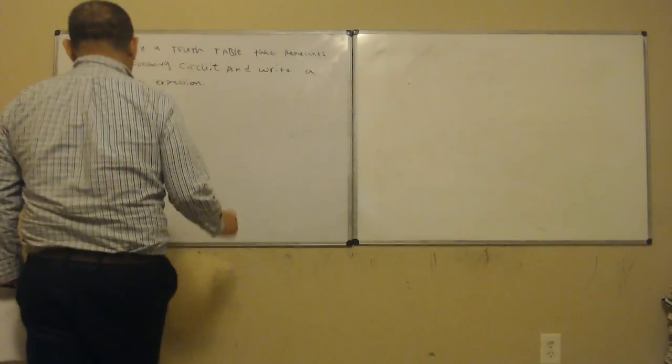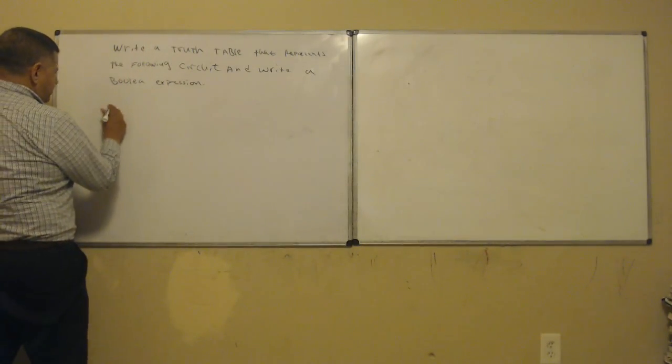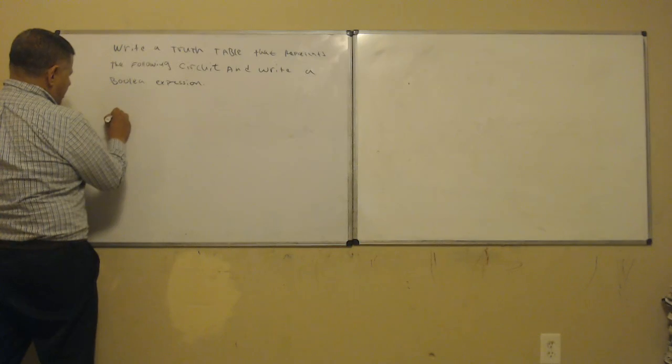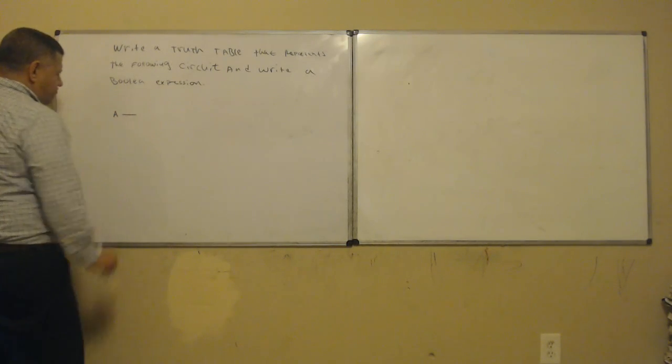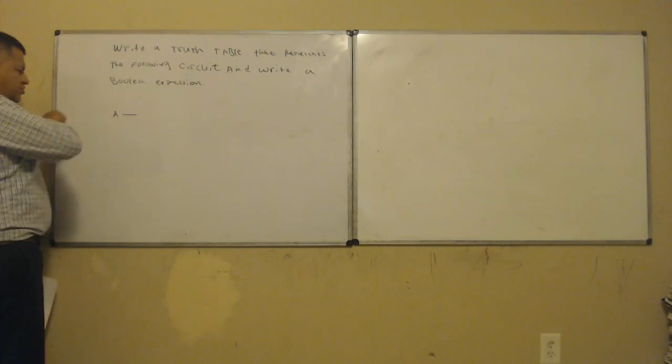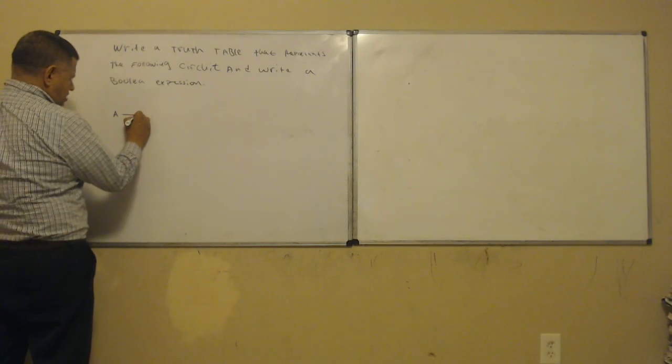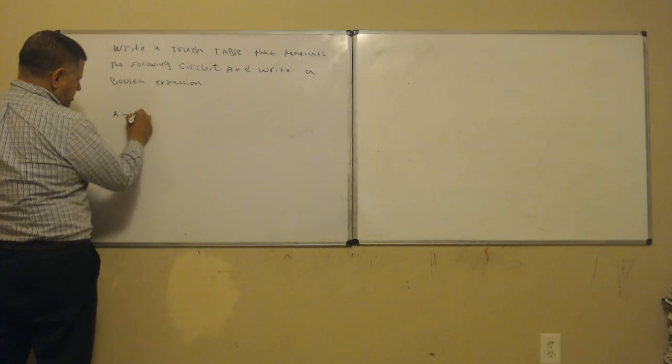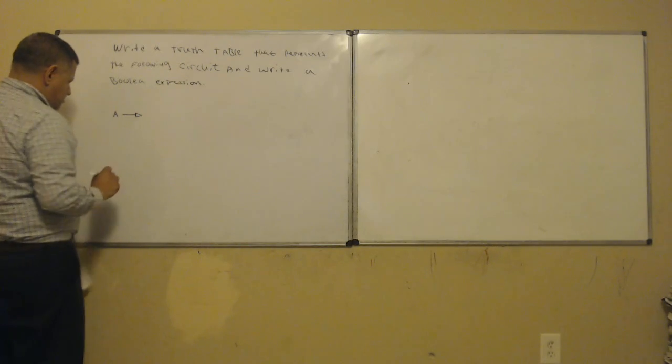Now we have an A, and from A I have a wire going to a NOT gate, right?